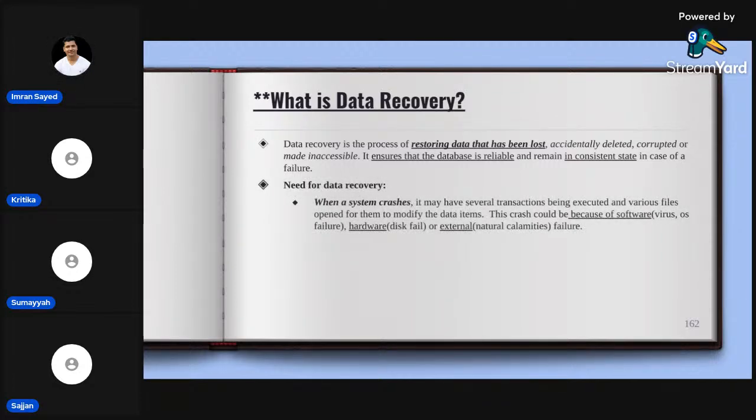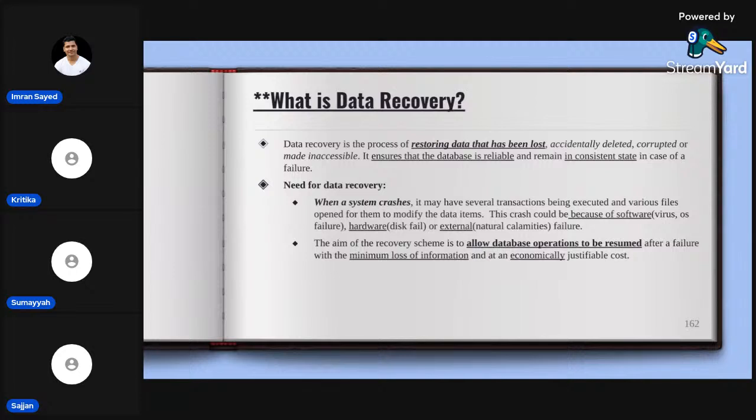Okay, go on. Need for data recovery. When a system crashes, it may have several transactions being executed and various files open for them to modify the data items. This crash could be because of software, virus, OS failure, hardware disk fail, or external natural calamities failure. Okay. The aim of the recovery scheme is to allow database operations to be resumed after a failure with the minimum loss of information and at an economically justifiable cost.